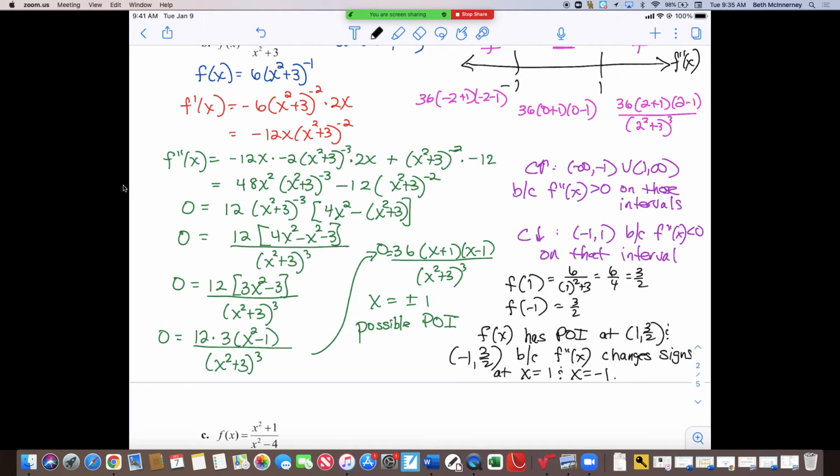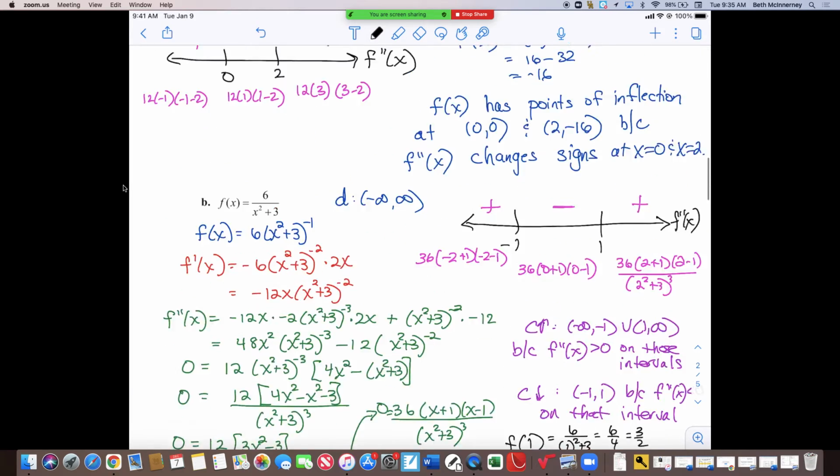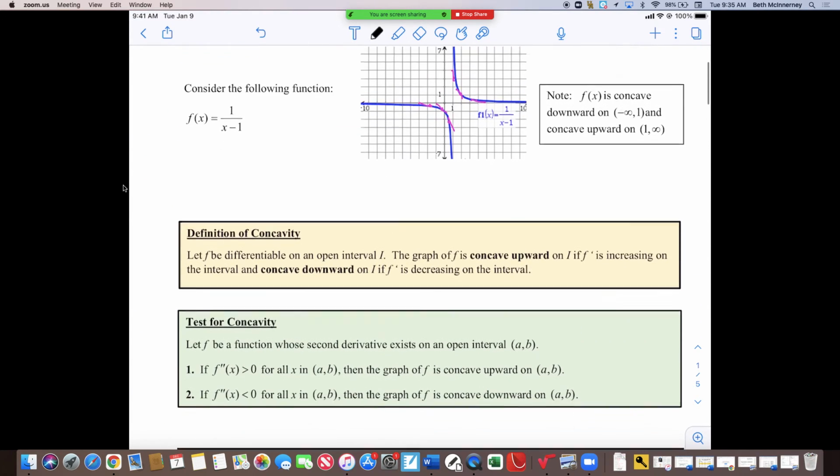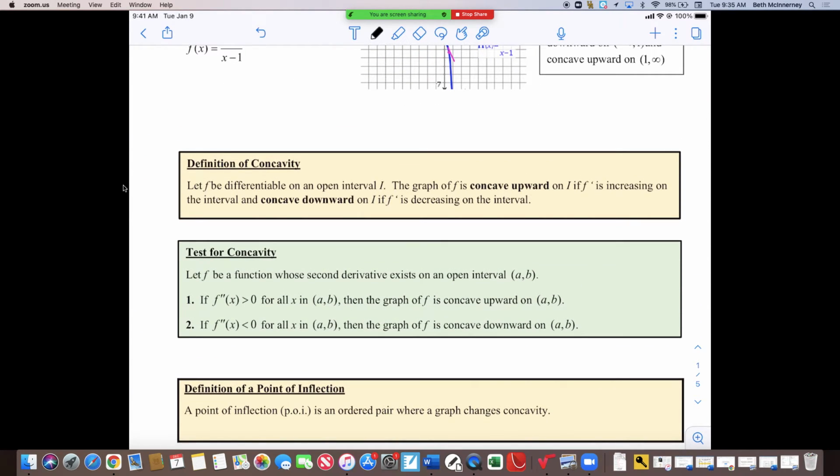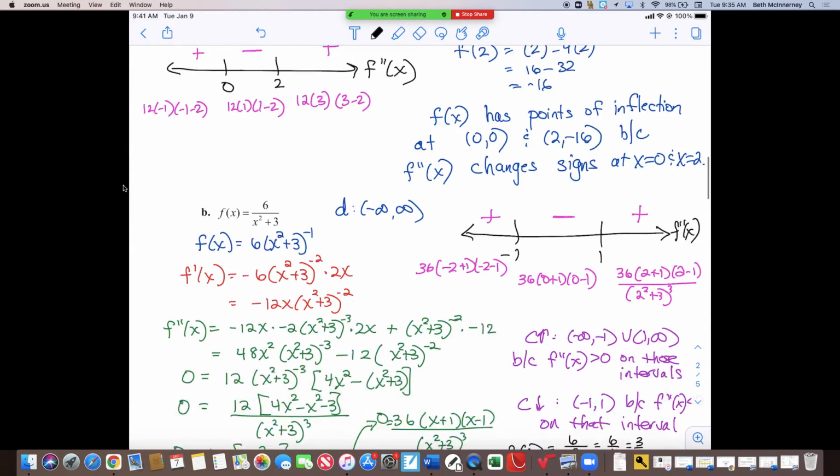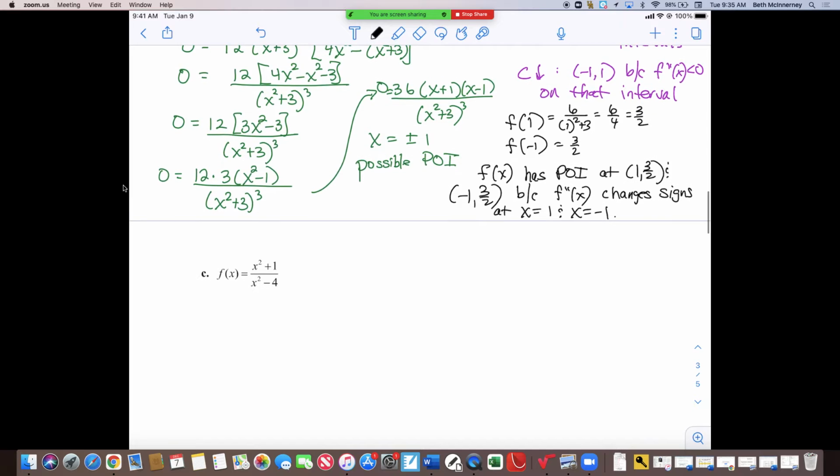So that's why we included the endpoints. In concavity, our definition is on an open interval. That's the difference. Like I mentioned before, if it's really bugging you on the increasing, make them open. It's okay. They're not going to mark it wrong. What other questions?